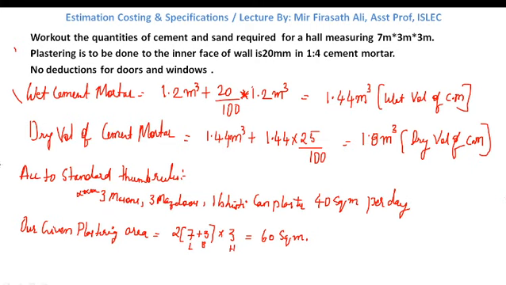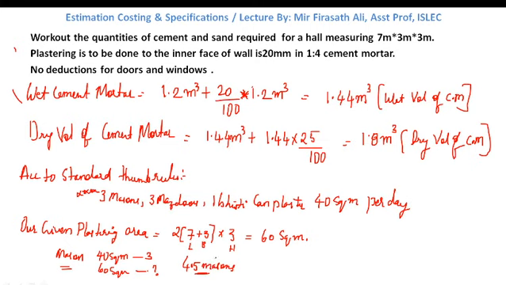So for 40 square meters, let us calculate the number of masons. For 40 square meters, 3 masons are required. For 60 square meters, how many? If we cross multiply, 60 into 3 by 40, we get around 4.5 masons.